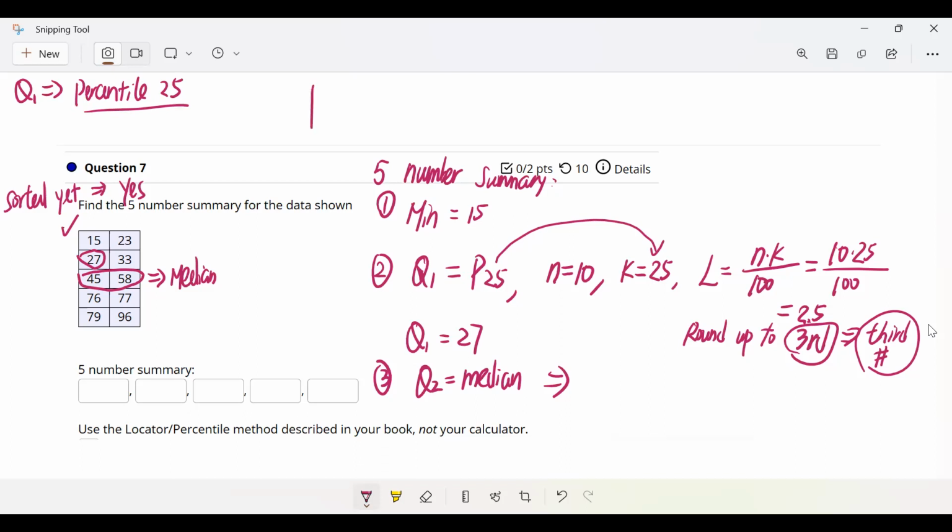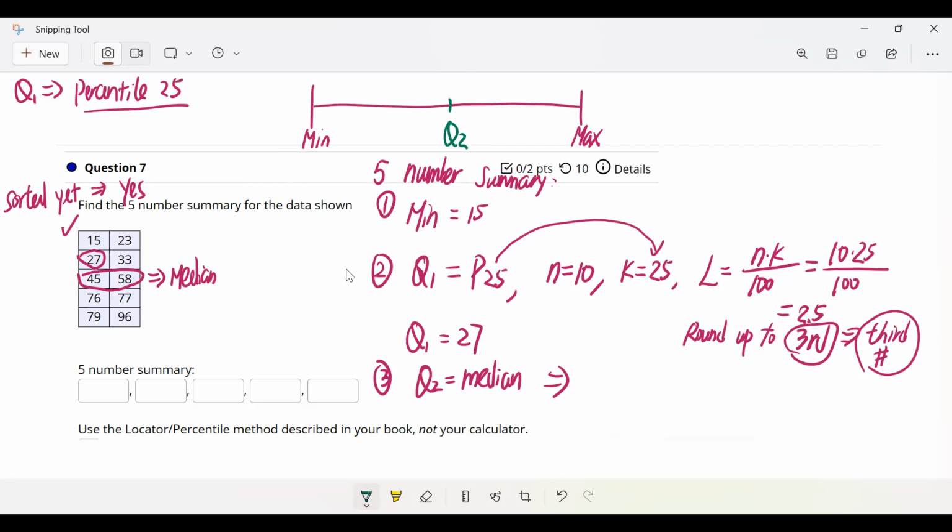Basically you have a data set going from minimum to maximum, and we're using 3 quartiles. We split this entire range into 4 equal parts. Let's say this is the median, that's quartile 2.